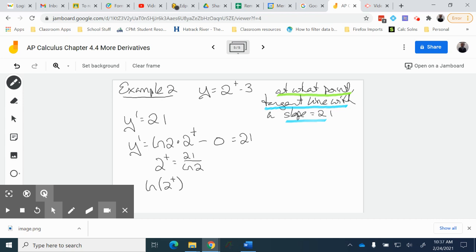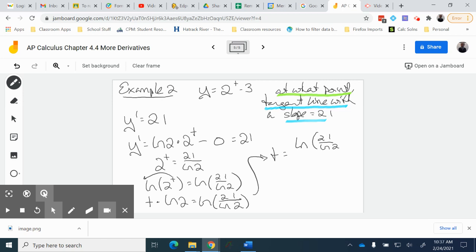So we'll just stick with natural log of 21 over natural log 2. And the t comes out front, and we get t times the natural log of 2 is equal to the natural log of 21 over natural log 2. And that tells us that t is equal to the natural log of 21 over natural log of 2, all divided by the natural log of 2.